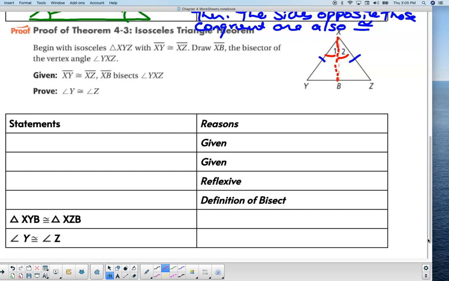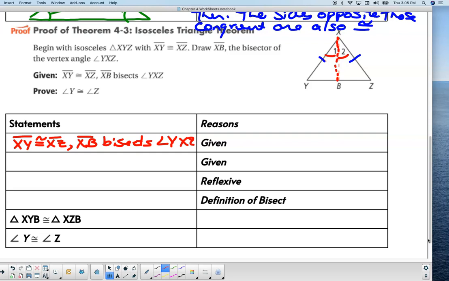And then I have XB congruent to itself because of reflexive. So now I have these statements with my given. I have XY is congruent to XZ, and XB bisects angle YXZ. That's our given.